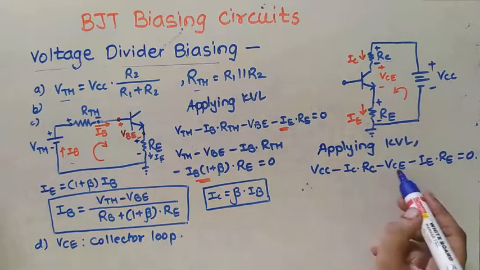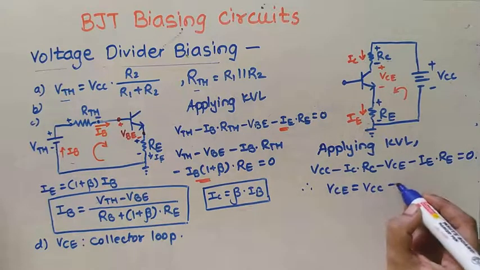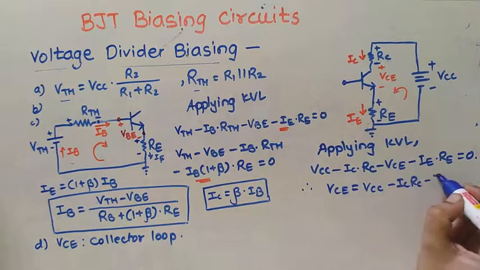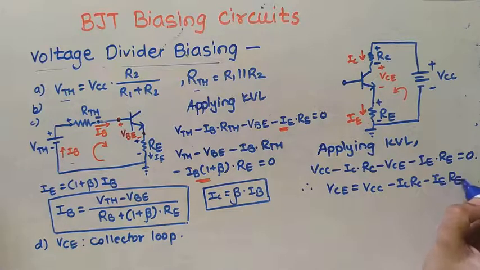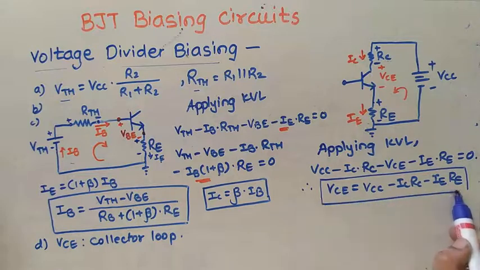From this we can calculate VCE is equal to VCC minus IC RC minus IE into RE. So this way we can find out the value of VCE.